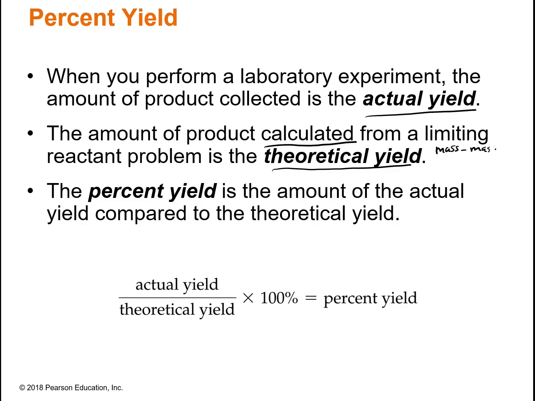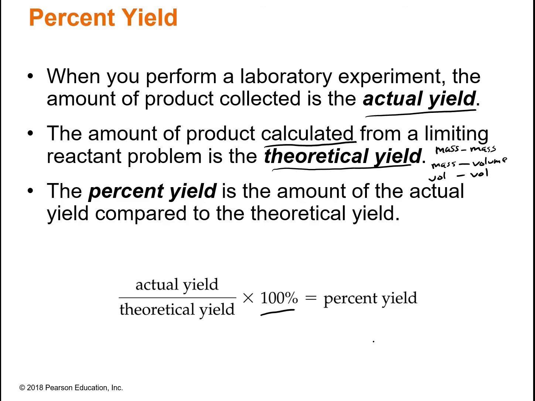So the mass to mass, mass to volume, and volume to volume, those are all ways of calculating the theoretical yield of a reaction. The percent yield is a ratio of the actual yield to the theoretical yield, and then you multiply by 100%.